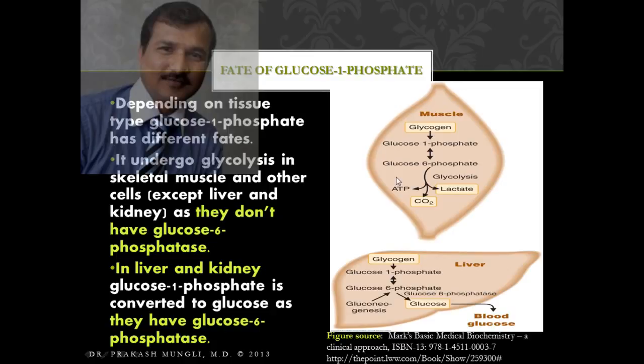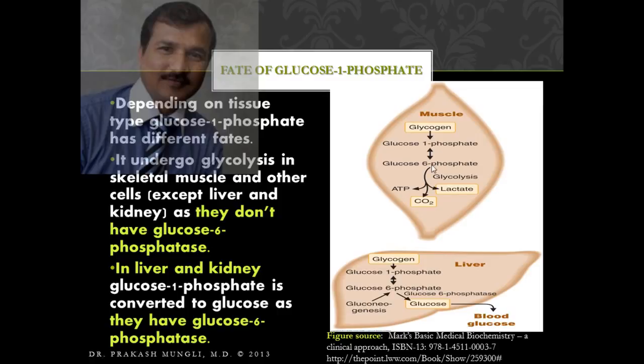So we'll take muscle as a peripheral tissue, and it applies to other peripheral tissues apart from the liver also. So in skeletal muscle and other tissues other than the liver, the glycogen that is broken down is released as glucose 1-phosphate, and that is converted to glucose 6-phosphate.